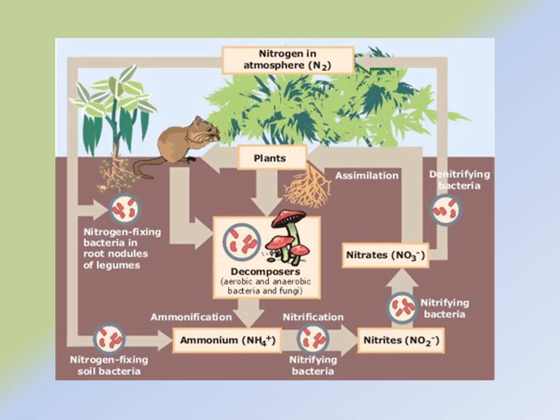On this slide you can see the circulation of nitrogen in the biosphere. As you remember, N2 cannot be fixed by us from the air. But who can do it? Nitrogen-fixing bacteria in the roots of some plants or directly in the soil, and they convert it to ammonium.